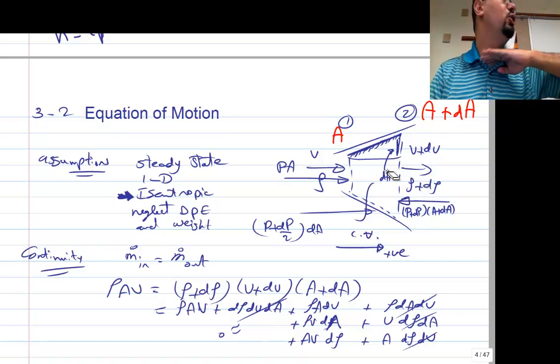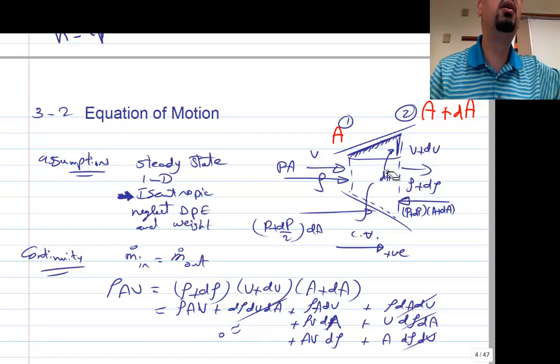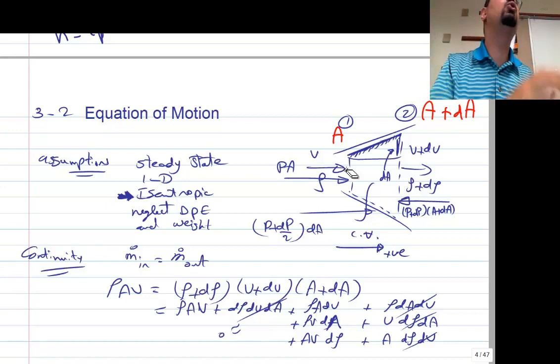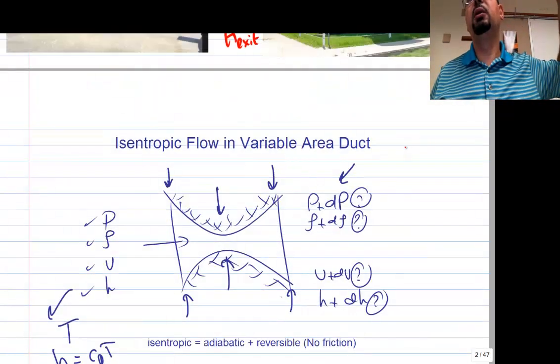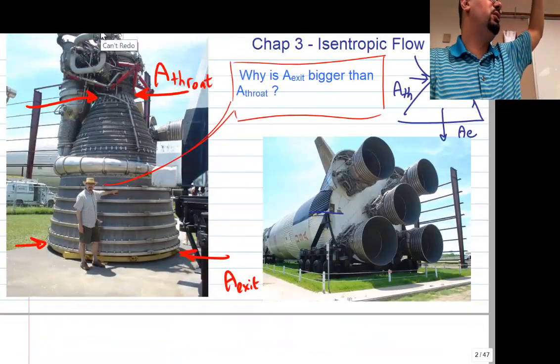Well, first of all, let's assume it's horizontal. But even if it's vertical and this thing is a rocket flying up, it's a pretty good assumption to basically neglect the potential energy, because the change in the velocity and the change in the enthalpy is just too much compared to, what, 10 meters difference?